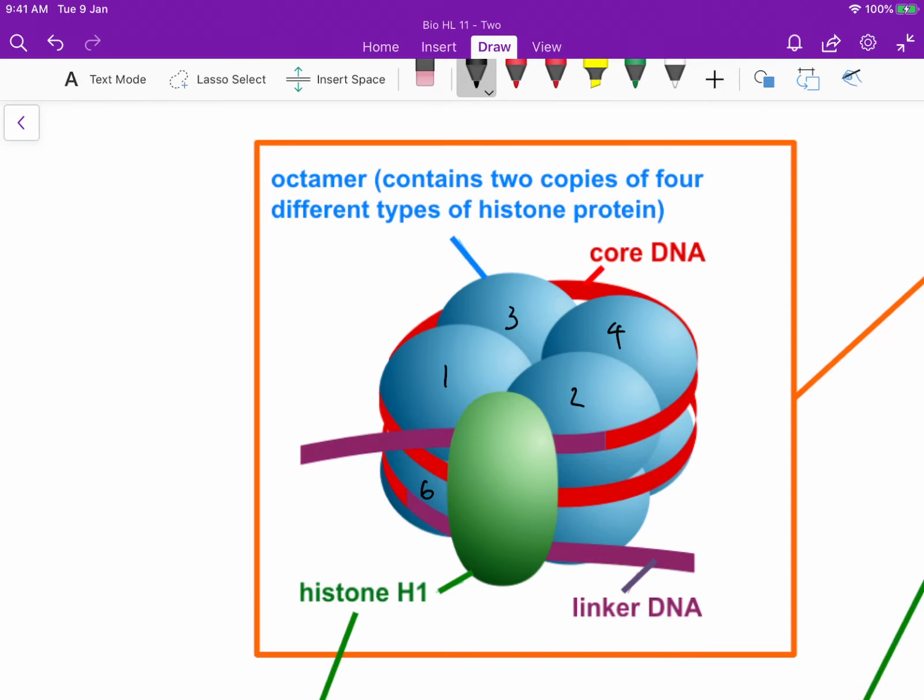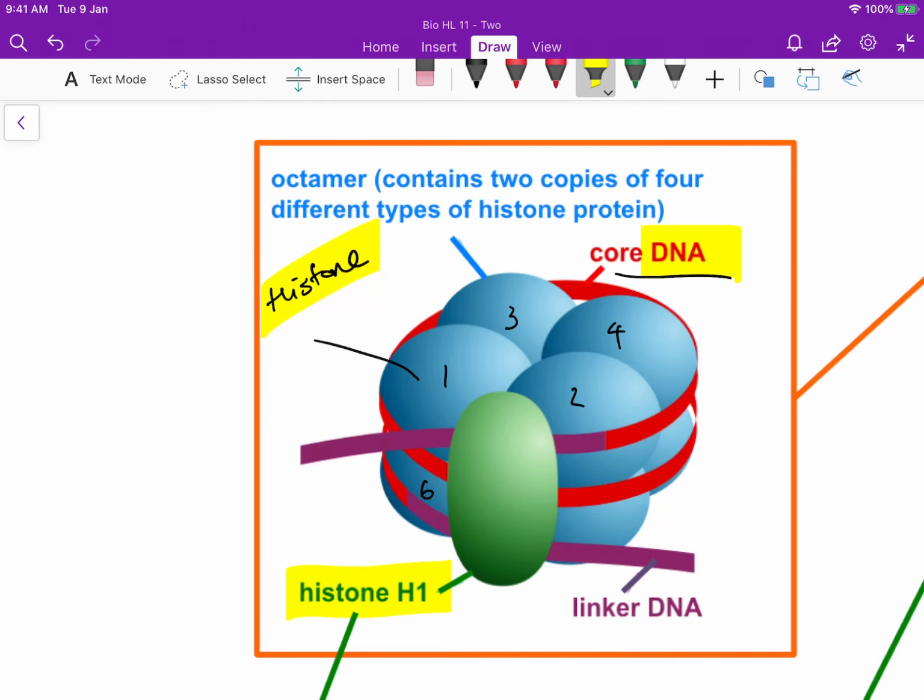So a whole nucleosome is made out of DNA. It's made out of histone proteins, and there's an octamer. So the whole thing, the nucleosome structure, is core DNA. So we have DNA wrapped around an octamer of 8 histone proteins with a histone H1 which is a linker and holds the DNA onto those other histone proteins.